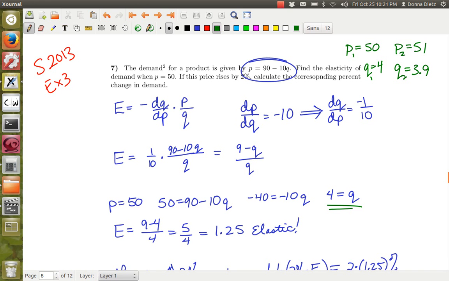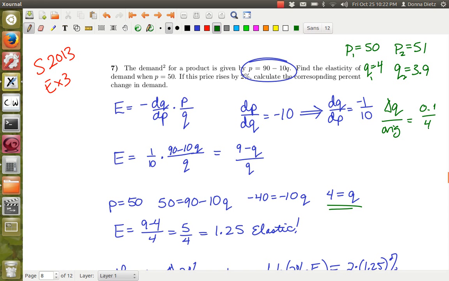All right, so what is the percent change in demand? It's the change in demand over the original, and that would be 0.1 over 4. Well, what's 0.1 over 4?